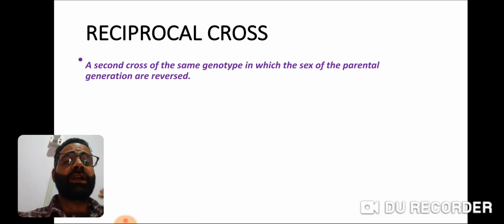But when we carry out the second cross and reverse the sex of these parents, tall plants are used as females and dwarf plants are used as males. The second cross, in which the sex of the parental generation has been reversed, is called the reciprocal cross, and the initial cross is called the original cross.